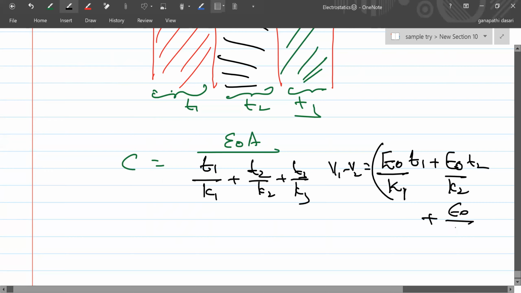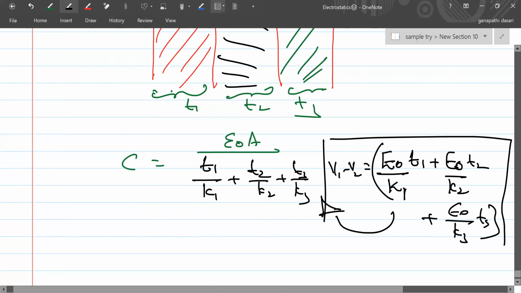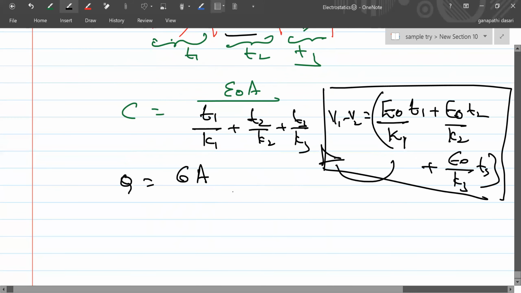Third will be E naught by K3 into thickness T3. If you use this formula of potential difference and Q is equal to sigma A, then we will be able to get this formula. Again, I'll just do it for your reference.